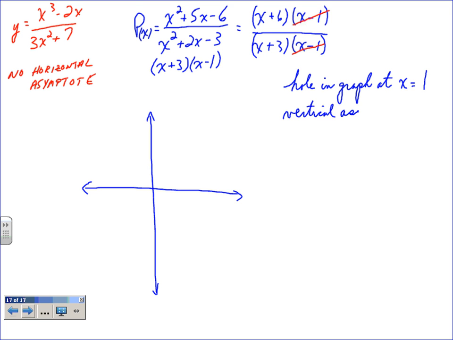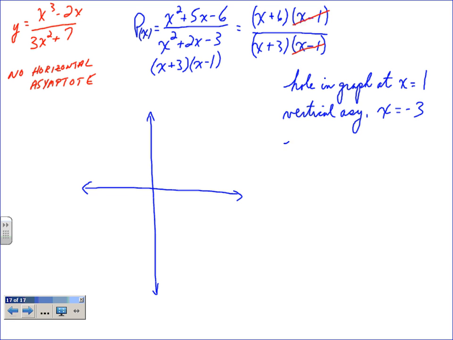We have a vertical asymptote at x equals negative 3. Here's your vertical asymptote, x equals negative 3. There's a hole in the graph. The reason there's a hole in the graph is because it reduces with something on top. So there's a hole in the graph. It's not a vertical asymptote.